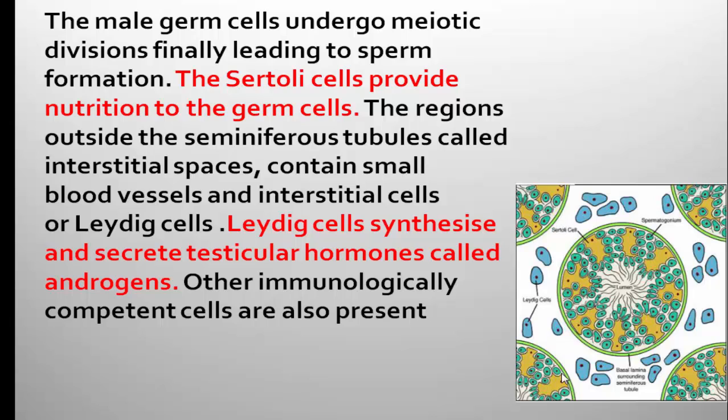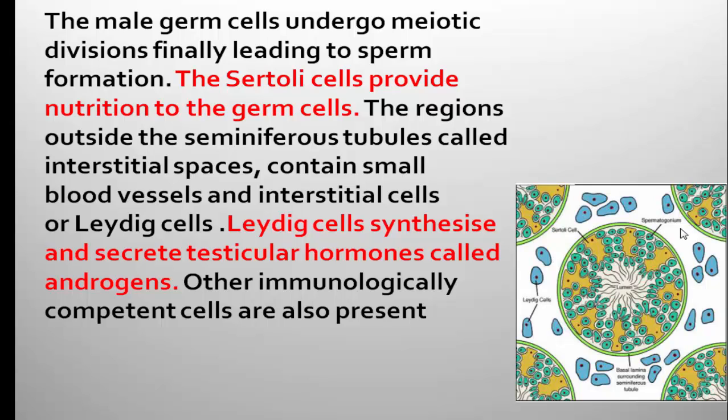Here you can see many seminiferous tubules in the transverse section, and the large cell in each seminiferous tubule is the Sertoli cell, and to this Sertoli cell the sperms are attached, and these spherical cells present in the seminiferous tubule are nothing but spermatogonia. They participate in spermatogenesis, and they give rise to the formation of male gametes called sperms.